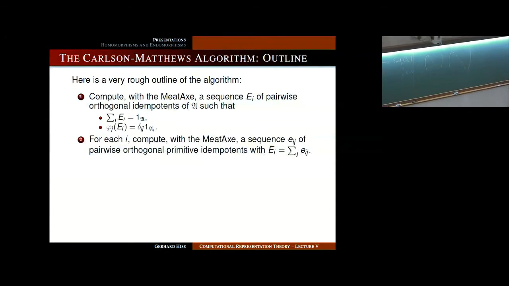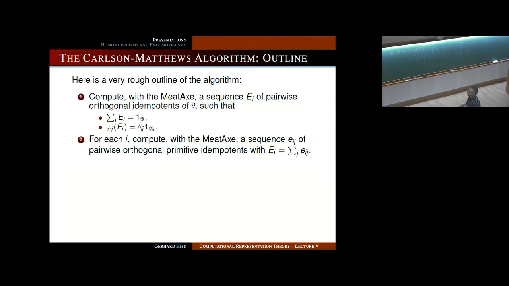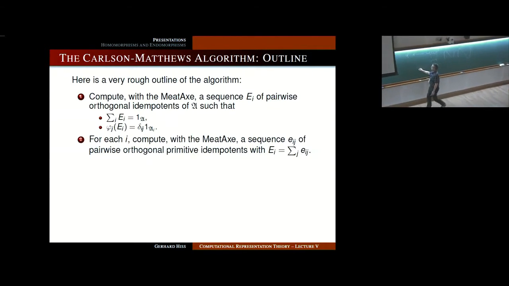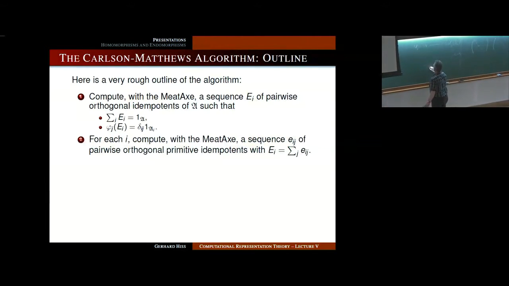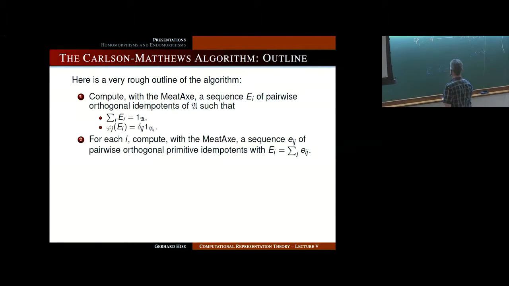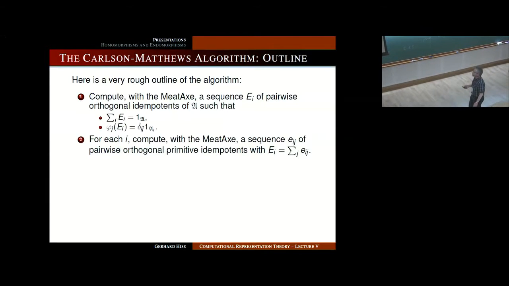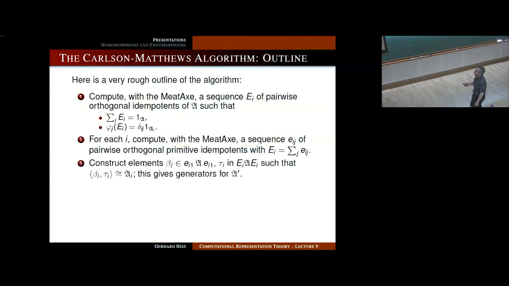And then for each i, again, use the MeatAxe to break up this homogeneous component. So now you have e_i, which modulo the Jacobson radical is isomorphic to the homogeneous component. You break it up again using orthogonal idempotents.